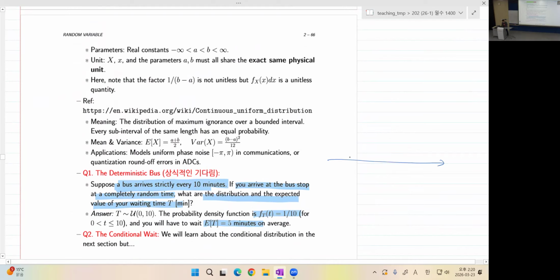So suppose you want to ride a bus that has exactly 10 minutes difference between consecutive buses. Now you arrive at the bus station randomly. Then what is the probability distribution of your waiting time?